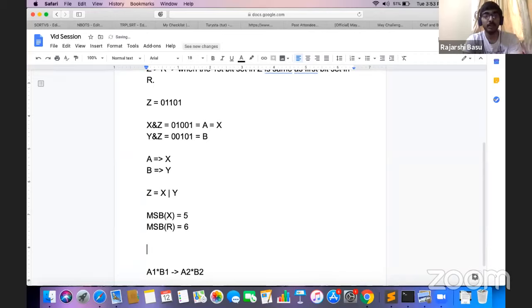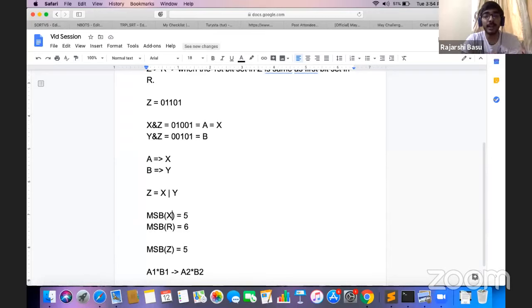But whatever value we have in Z, the MSB of Z will be equal to 5, right? Since we are taking X as the greater value in X and Y, the other case is analogous.